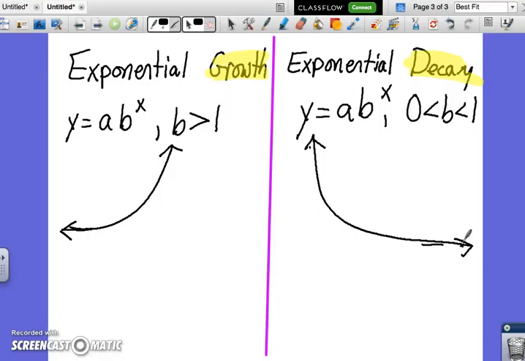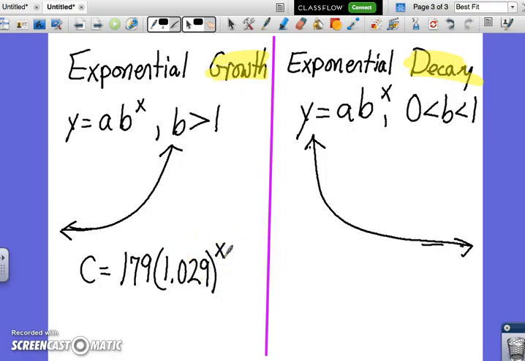So, a couple of examples. What would one look like that's exponential growth? If I gave you something like c equals 179 times 1.029 raised to the x power.